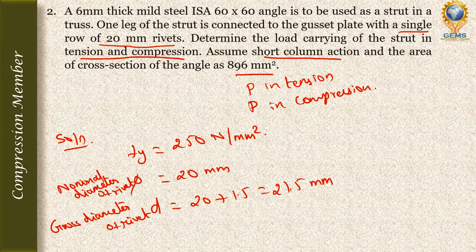So this is the gross diameter, and the effective area is given as 896 mm square.